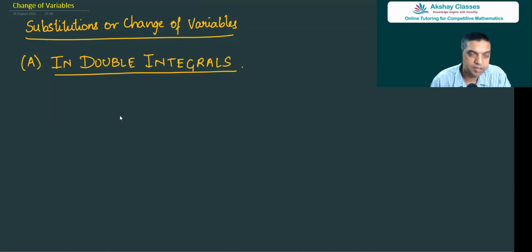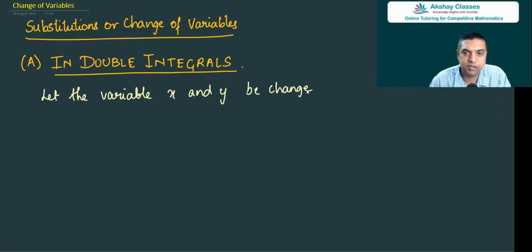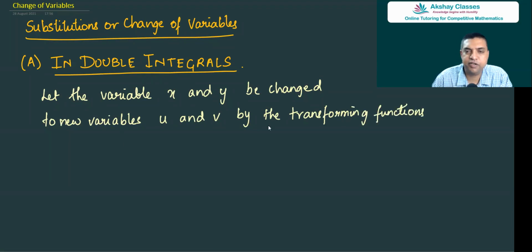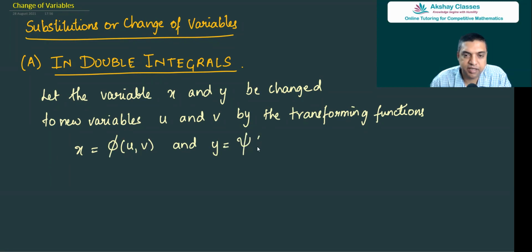So, let the variables x and y be changed to new variables u and v by the transforming functions x is equal to phi of u comma v and y is equal to psi of u comma v.